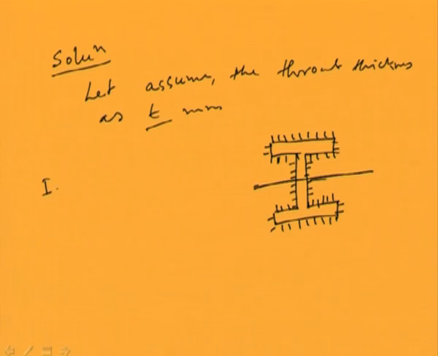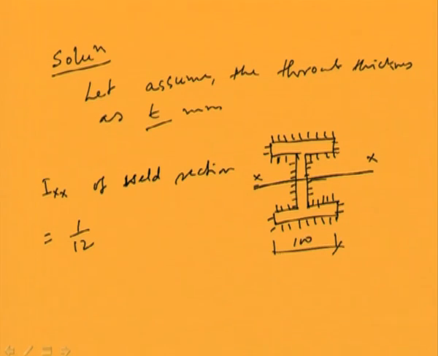Ixx, if this is the x axis, Ixx of the weld section will be 1 by 12. Okay, let me write down the dimensions. This is 100 mm and this is given as 350 mm, and this is t, this is also t.